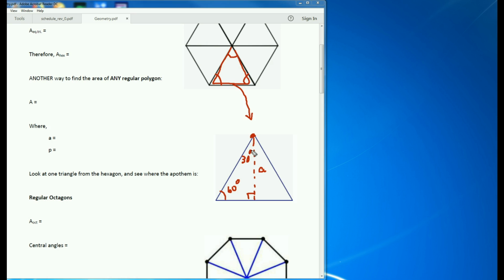All right. And then we know that this is one of the special right triangles. I always remember, across from 30 degrees is the small side. So that's 1. Across from the 60-degree angle is the bigger side. So that's square root of 3. And then, of course, the hypotenuse is 2.